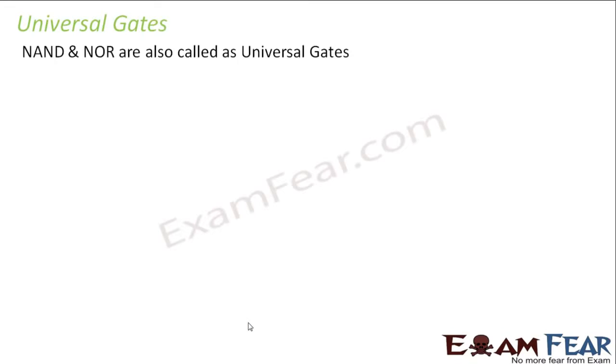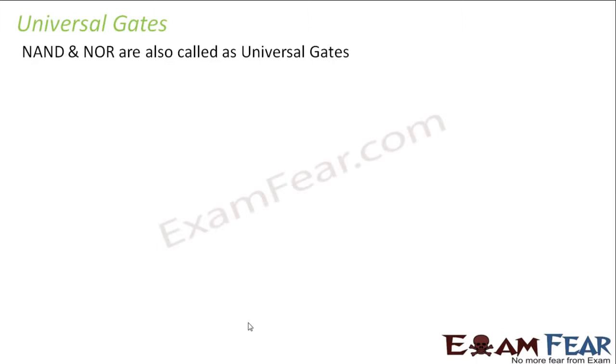Now we have something called universal gates. Out of these 5 gates, NAND and NOR are called universal gates. Why? Because we can derive all other gates using NAND gate and NOR gate. I mean, we can make a combination of NAND gates work as an AND gate, as an OR gate, or as a NOT gate.